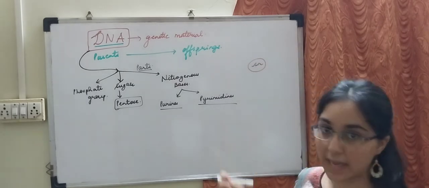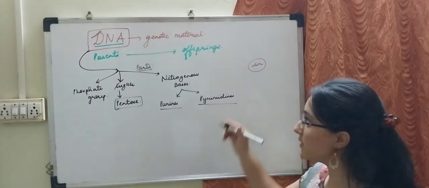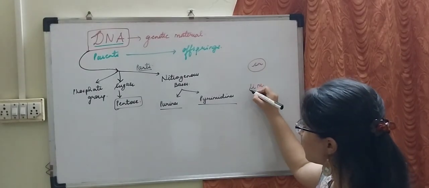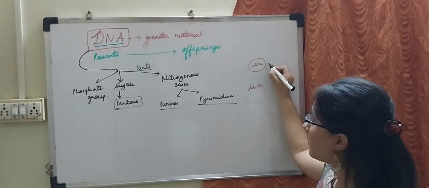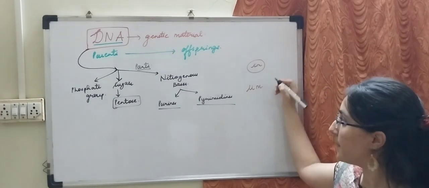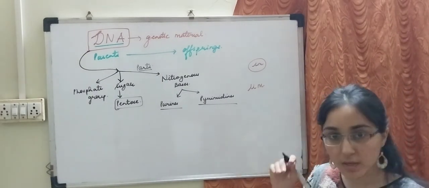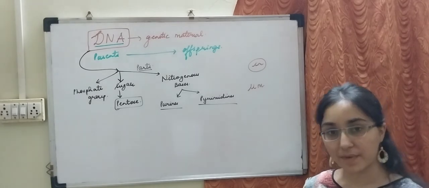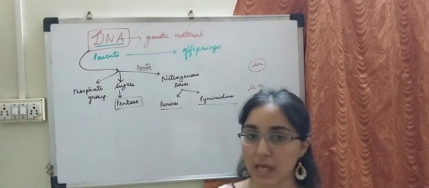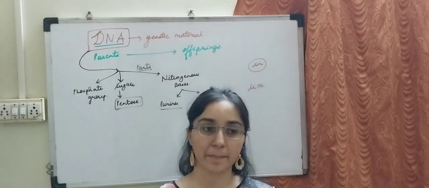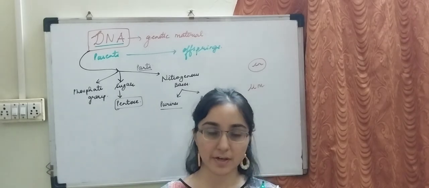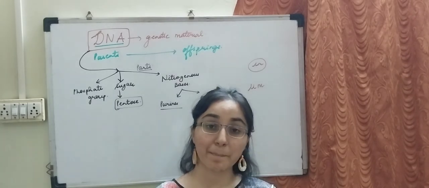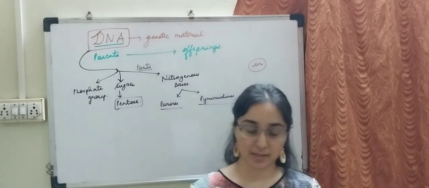But we know that our cell is in micrometer. A centimeter is a bigger unit and a micrometer is a smaller unit. So it is very clear that something is occurring, that DNA is condensed, it is packed.